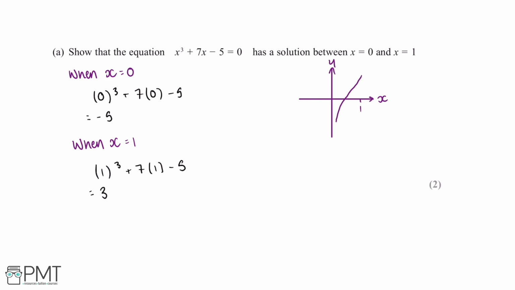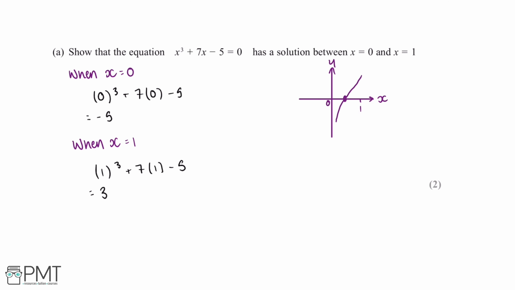And the solution for this equation would be here. And we can see this value is between 0 and 1. So therefore, because one of these values is negative and one of these values is positive, then this solution is between x equals 0 and x equals 1.